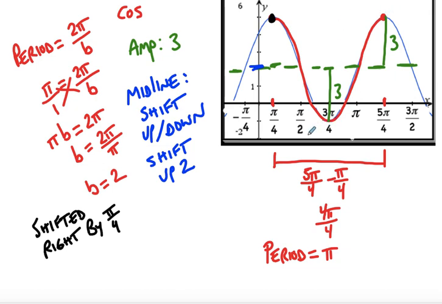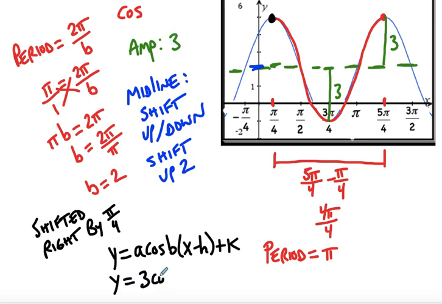So we're ready to write our equation. Remember the general form would be a cosine b and then x minus h plus k. So in this case, the amplitude was 3, so that's our a value.